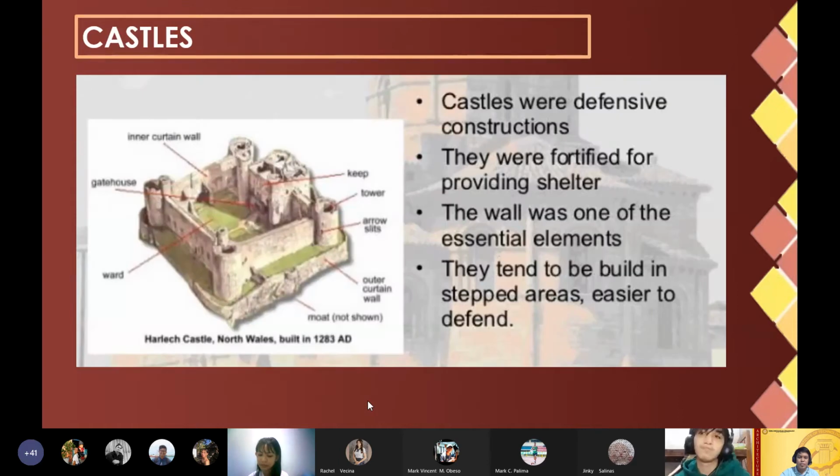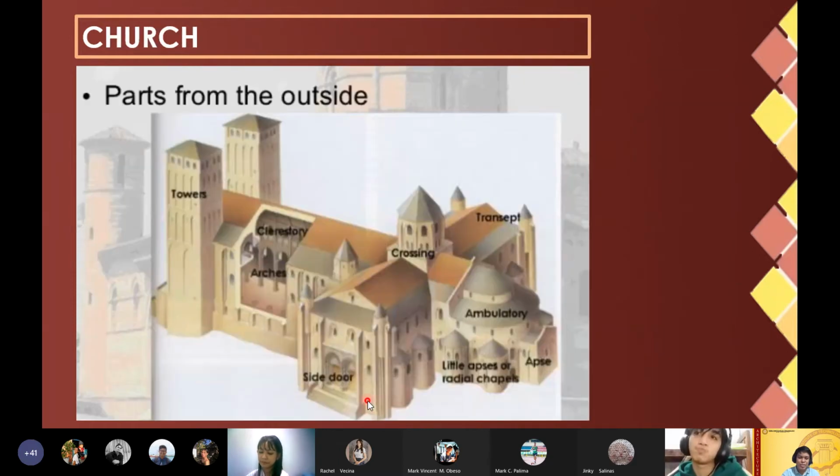Okay. So again, there are three types of buildings or structures during the Romanesque architecture. What are these? Churches, monasteries, and castles. So the monastery during the Romanesque architecture is actually a complex composed of a lot of buildings that served the priests, the bishops, in that place.